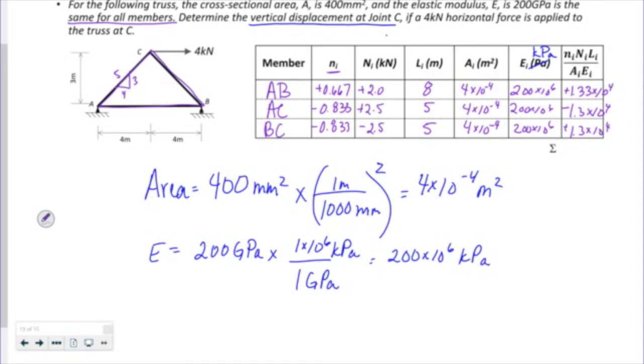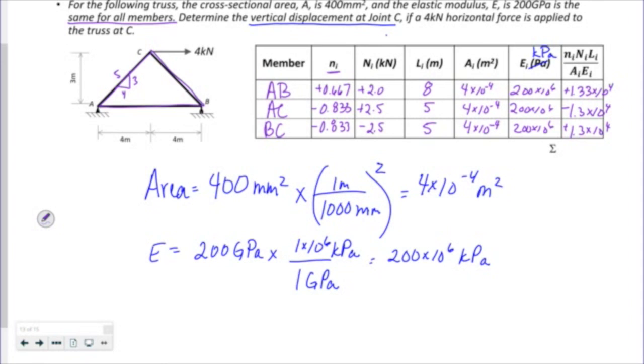So basically that means AB, let's see, AB is in tension, it's elongating in the real world, right? Let's look at that. AB is positive, it's in tension, it's elongating. AC is in tension, as you expected.